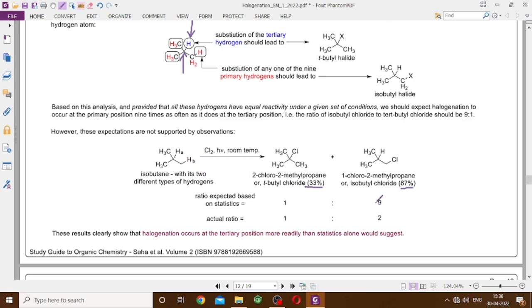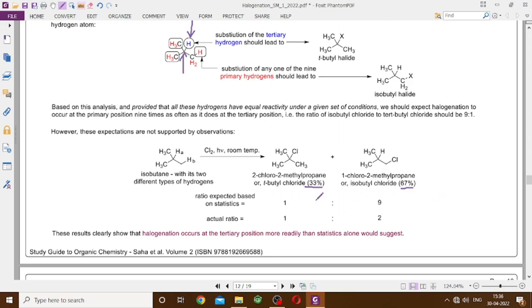But what we are observing is that it is way less. 1:9 is the expected ratio based on statistics, assuming all hydrogens react under similar conditions at a similar rate. It is in fact 4.5 times lower than what we are seeing. Our expectation is 1:9, but what we are getting is 1:2.